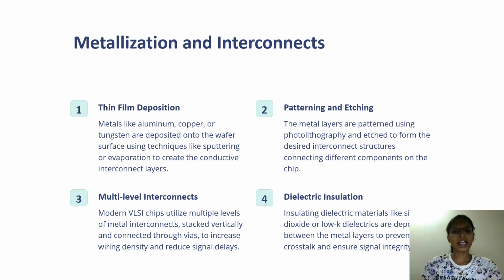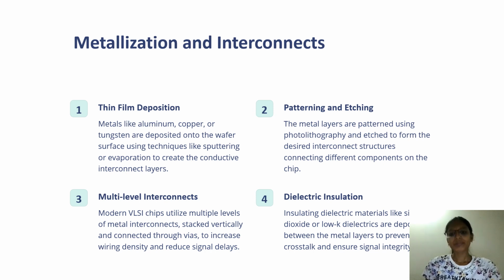Then metallization and interconnects. Thin film deposition: metals like aluminum, copper, or tungsten are deposited on the wafer surface using techniques like sputtering or evaporation to create the conductive interconnect layers.